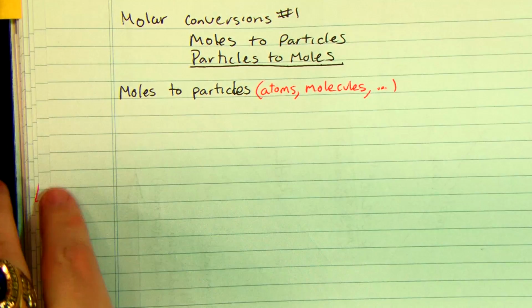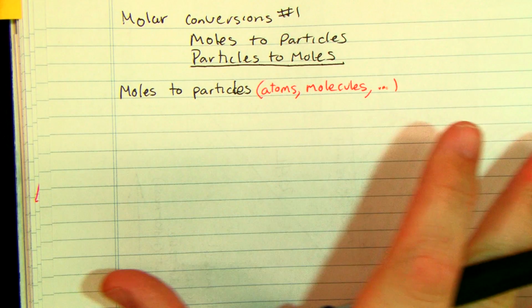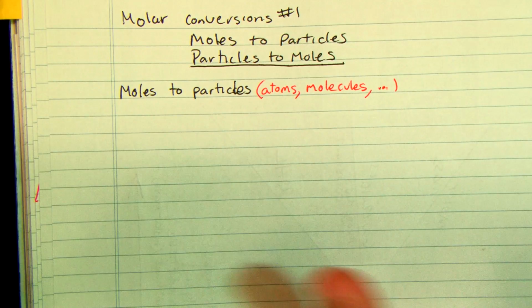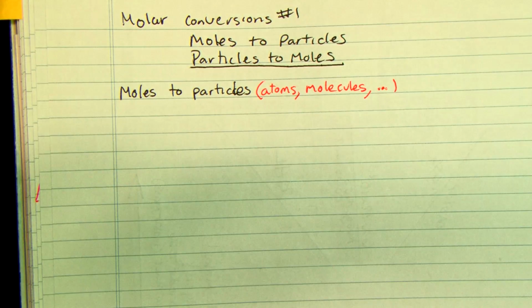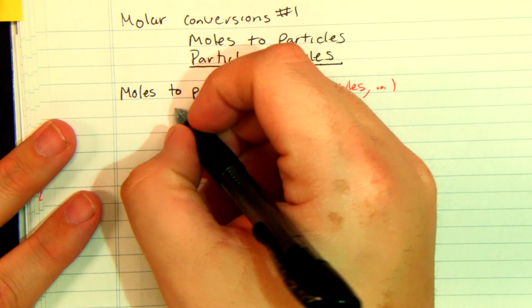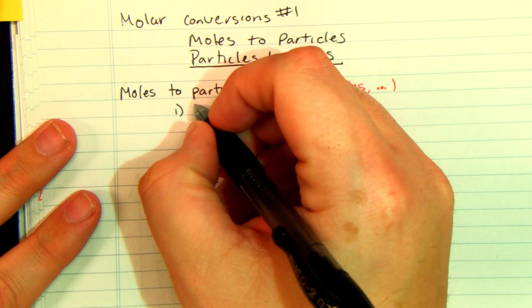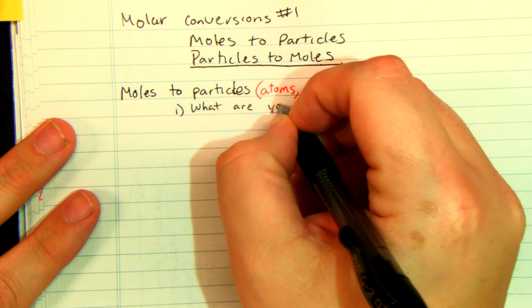And we just don't know exactly which ones we're going to get. And a couple things you've got to remember. One, you always got to start with the given. What are you given?